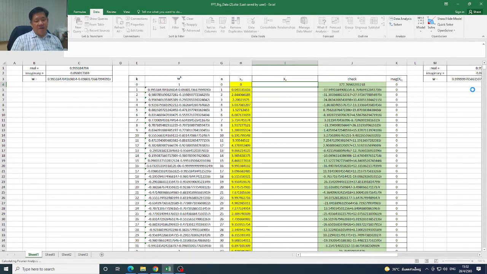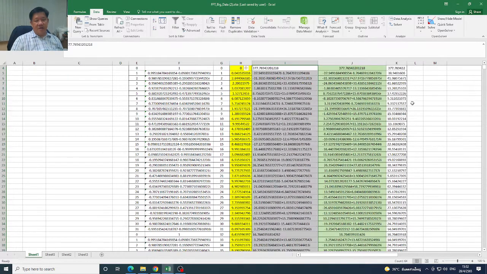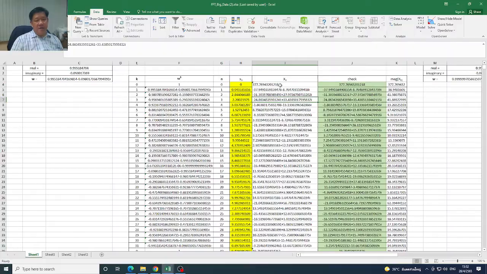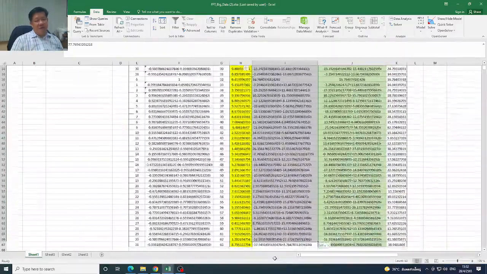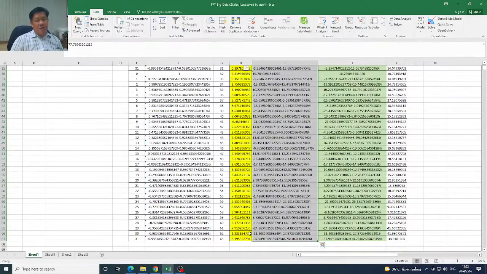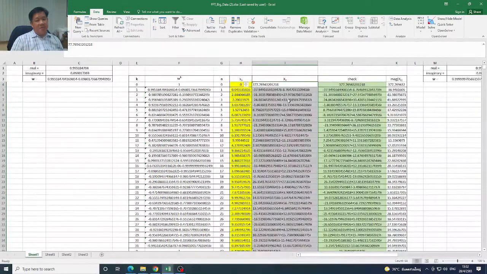It's going to take a while to calculate. So this is the result, the same result as we previously deleted. This is exact, because the number of data is only 64, so it's capable of using the Fourier analysis to compute. But remember that the algorithm behind Fourier analysis is also the fast Fourier transform, not the direct discrete Fourier transform.